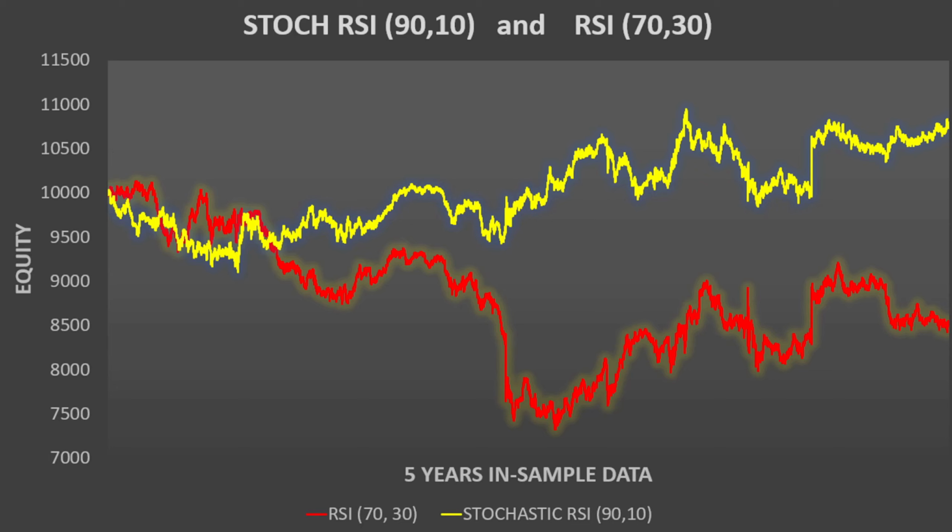And as well as the stochastic RSI looking as though it's more effective at the implementation of an overbought oversold strategy, another major difference was the number of trades that were generated. So the stochastic RSI system generated almost 4 times as many trades.